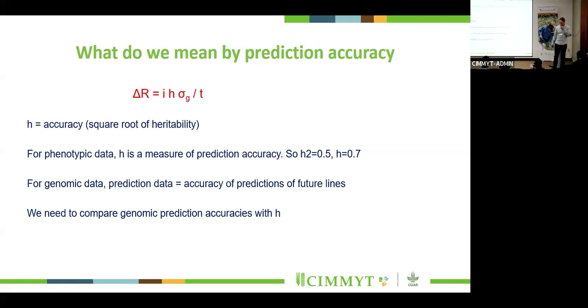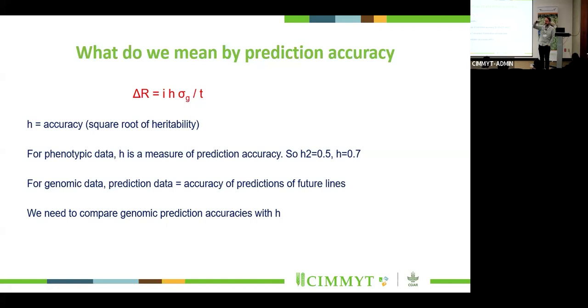Can you come again with that? Yes, prediction accuracies are the core of genomic selection. You want to get your prediction accuracy higher. In theory, if my prediction accuracy is 0.5, you might say I need to halve my cycle time to make that worthwhile. But you're not comparing to 1 with your prediction accuracy.